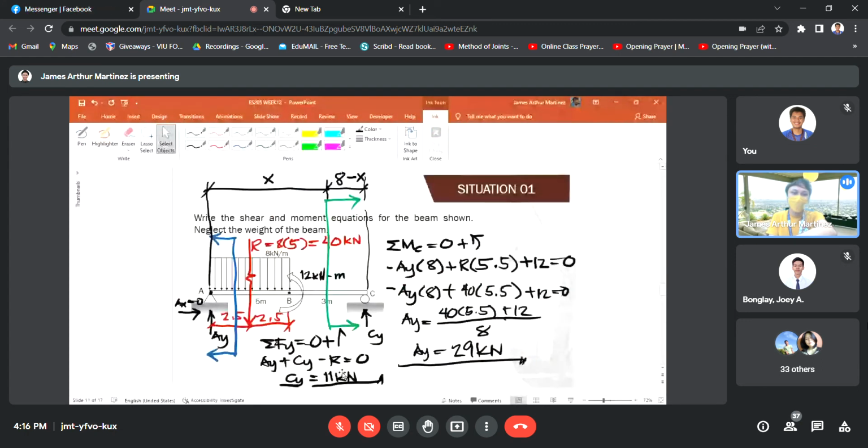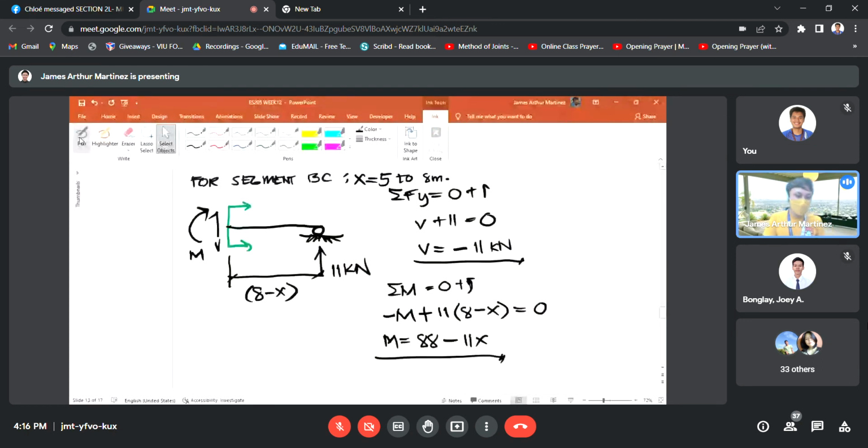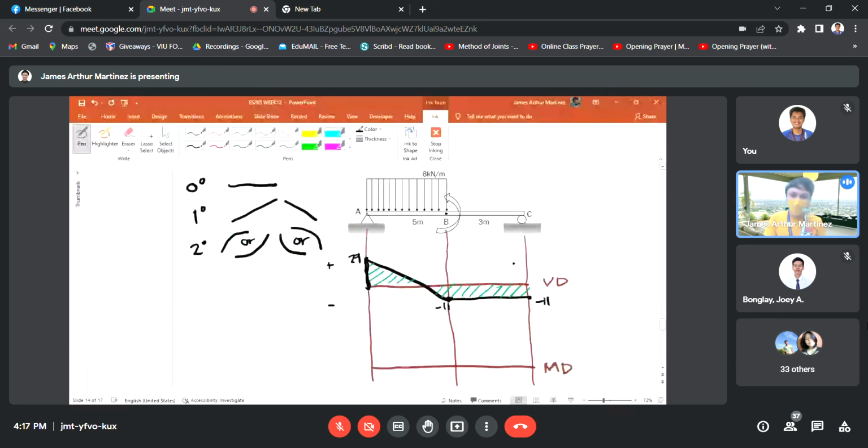So meaning, from negative 11, masaka pa og 11 kilonewtons, no? So that would be equal to 0. So negative 11 plus 11, mag-0 lang siya. So nag-close, no, ang ato ang graph. So that is very important nga mag-close na siya, class, kaya that is your indication na sakto ang ato ang analysis.